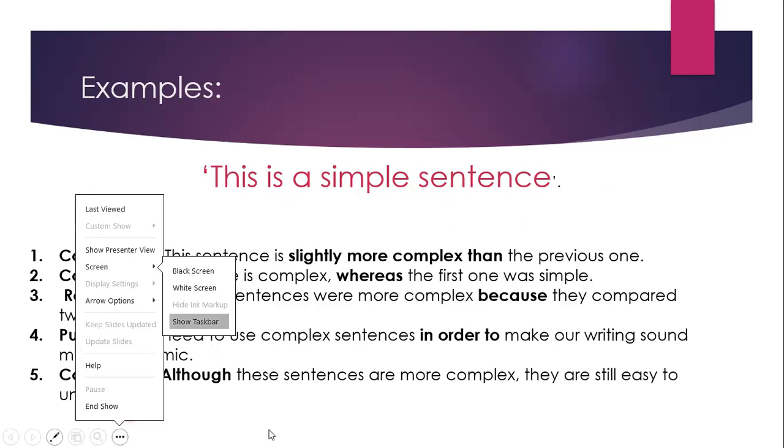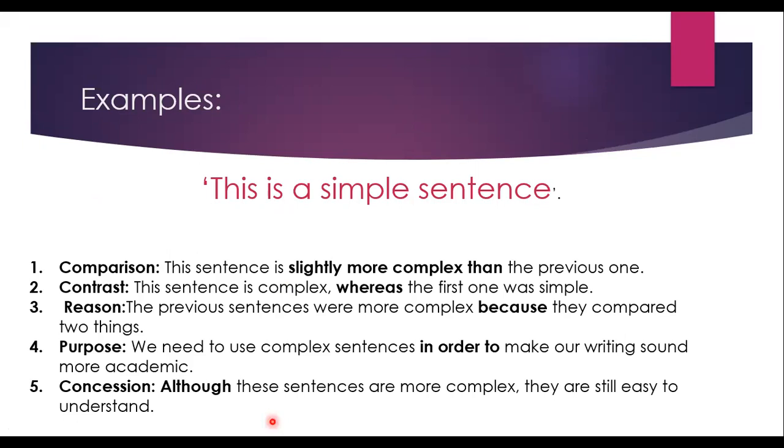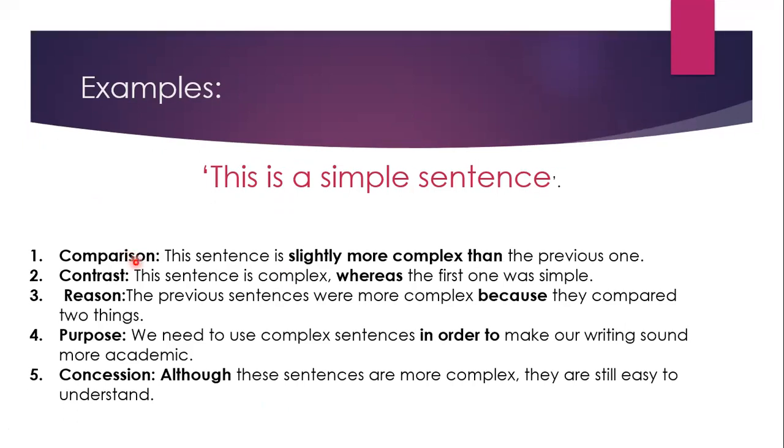You can easily understand that this is a simple sentence we have. But how will you make this sentence sound complex? Firstly, we can do a comparison. This sentence is slightly more complex than the previous one. And this is called comparison.